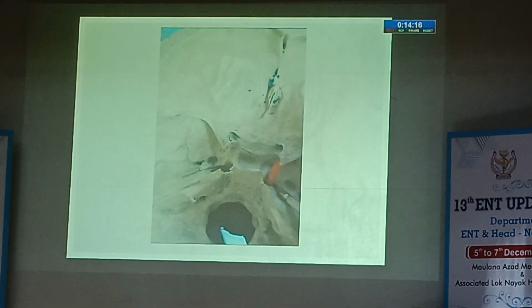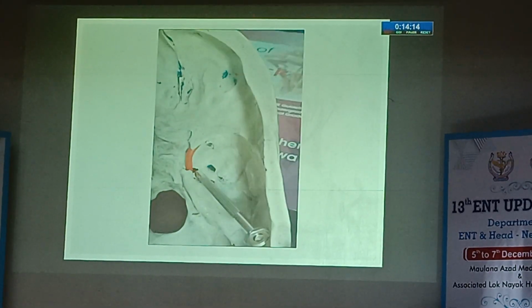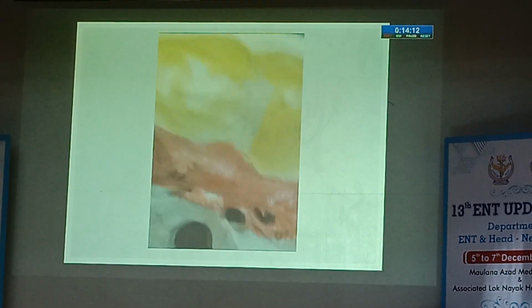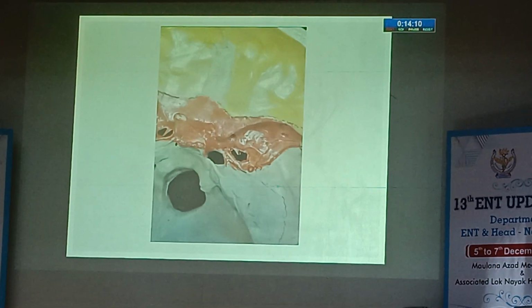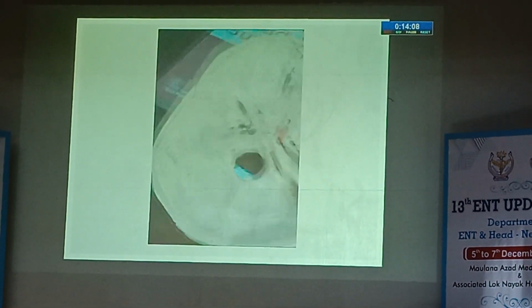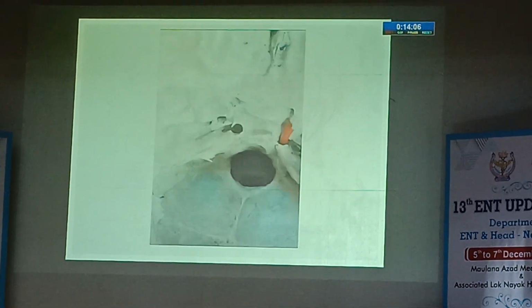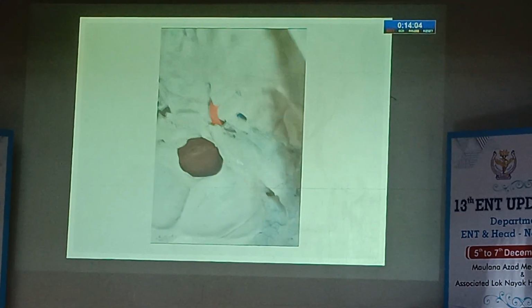You see it better on this one. So this is the foramen lacerum, and it is basically not a true foramen. It is largely closed by cartilage.